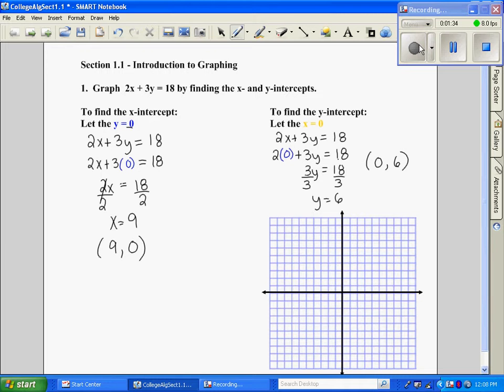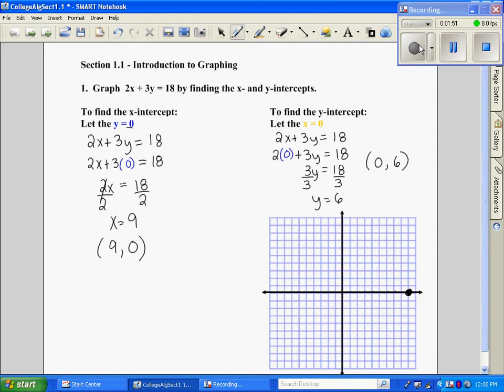Once we have our two ordered pairs, we're going to now graph them. We're going to do the ordered pair 9, 0, so 1, 2, 3, 4, 5, 6, 7, 8, count 9 units over, 0 units up.